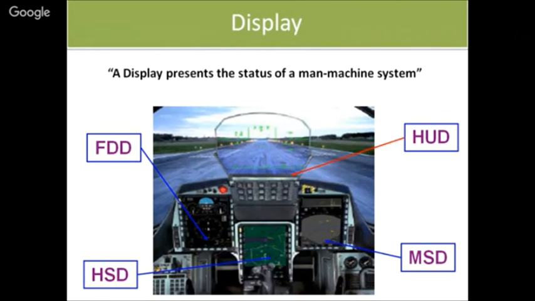All these other displays are basically head-down displays. It means if I have to see into these displays, I have to change my line of sight. I have to look somewhere else from the outside world, which in our language we call ambient. So I have to change my line of sight from my ambient.